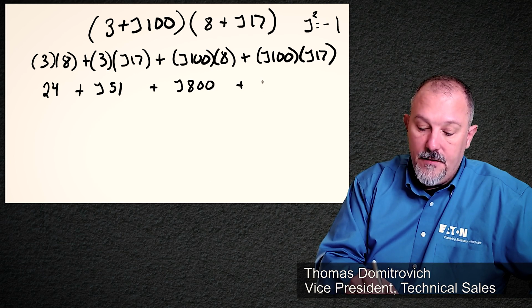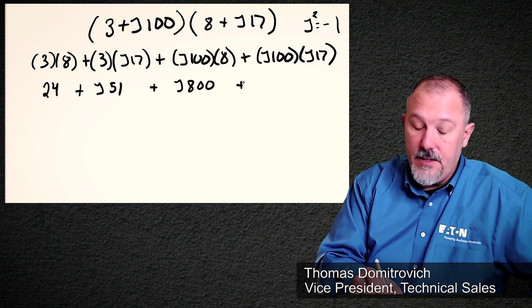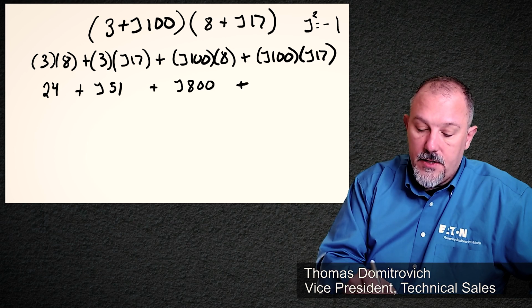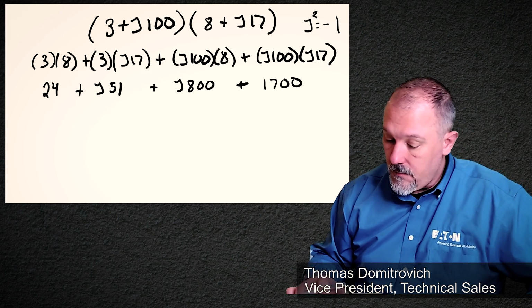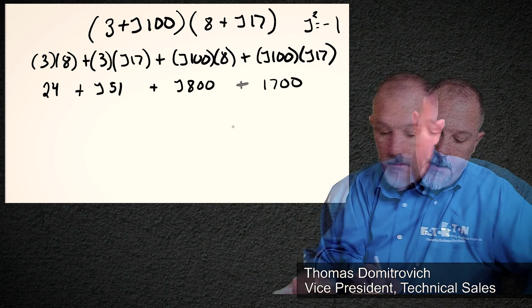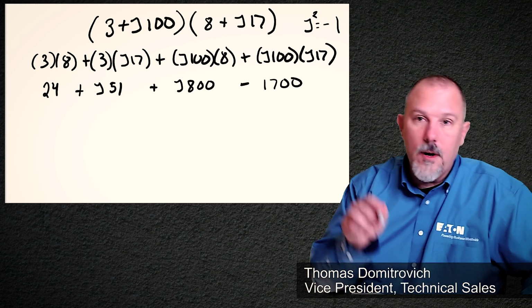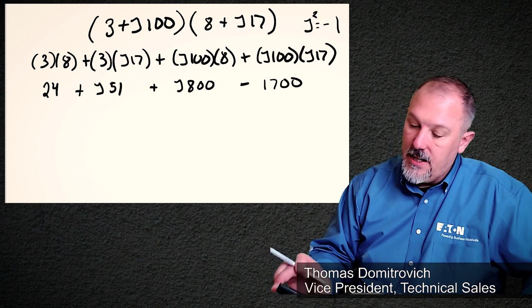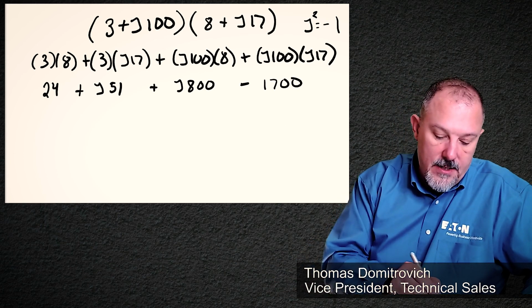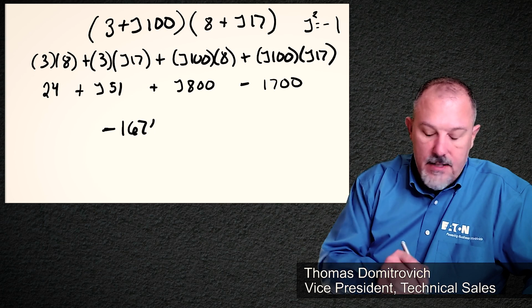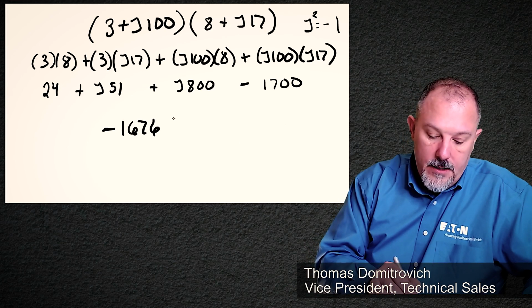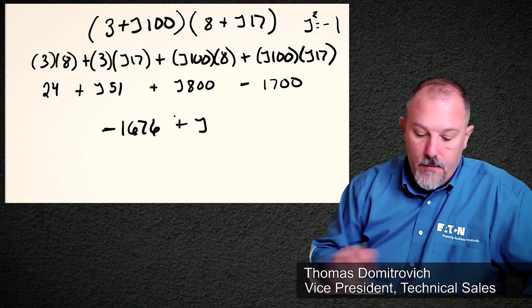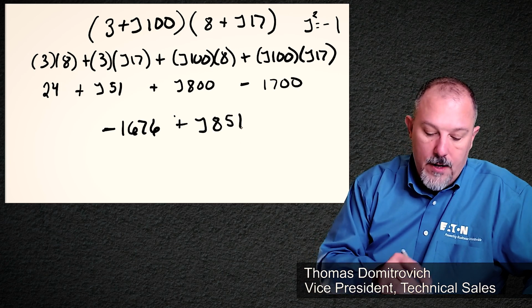That would be a negative. So this would be minus, right? Because J squared is a minus 1, so it's a minus. So this would be minus 1,700. Okay, that's a minus 1,700. So 24 minus 1,700 is a negative 1,676. And plus J851. Now let's do the squared.